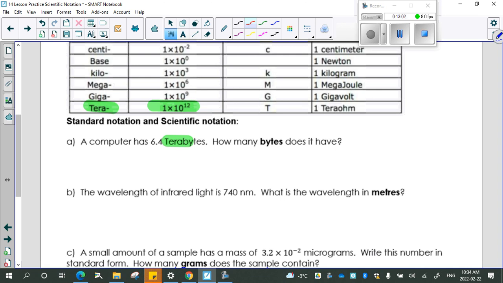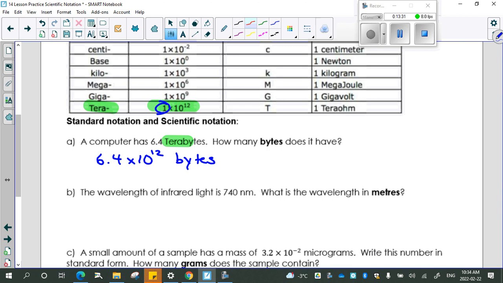Tera means you take the number and multiply by 10 to the 12. So 6.4 times 10 to the 12 bytes. That was easy because the number was already 6.4. Didn't have to use the decimal any more than that. So if a computer has 6.4 terabytes, it would have 6.4 times 10 to the 12 bytes.